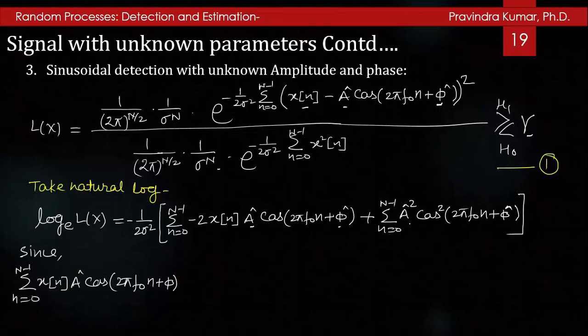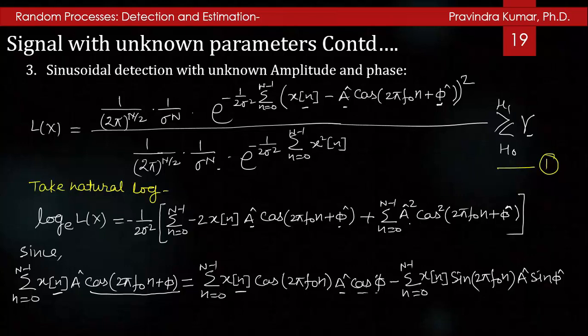Since you know summation n=0 to N minus 1 x[n] A cap cos(2 pi f0 n plus phi), after applying cos(a plus b) equals cos a cos b minus sin a sin b, you get the expression summation n=0 to N minus 1 x[n] cos 2 pi f0 n times estimated A cos phi, minus summation n=0 to N minus 1 x[n] sin 2 pi f0 n times estimated A sin phi, with the estimated value of phi.